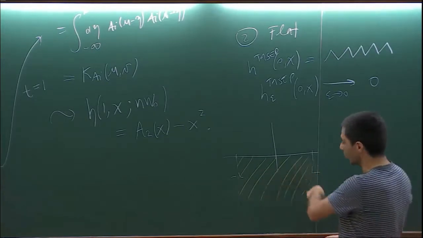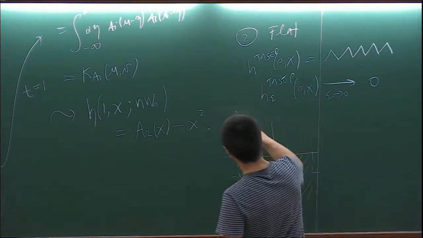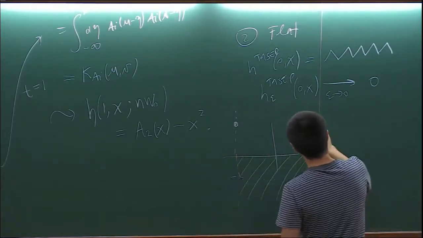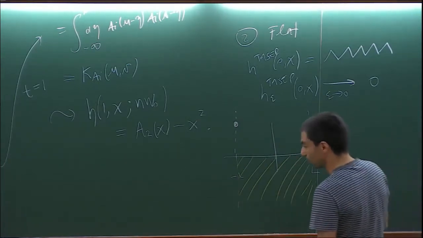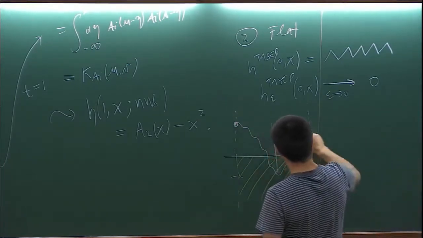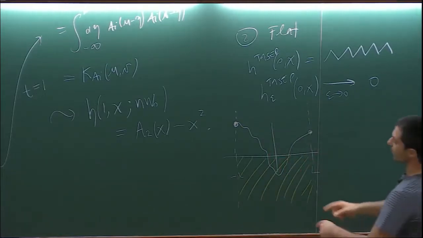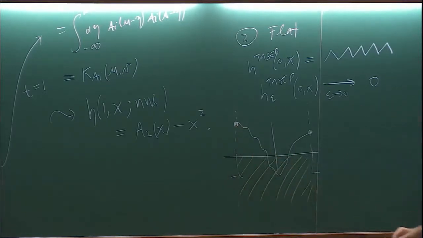Or if I end below 0, I already hit. The interesting part is what happens if I start above and end above. And then you're computing this probability of doing something like this. And the reflection principle tells you that this is the same as computing the probability of going from here to there. That's just the usual reflection principle for Brownian motion, right?